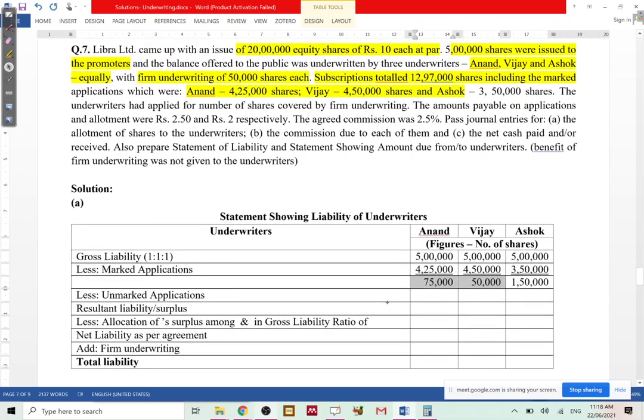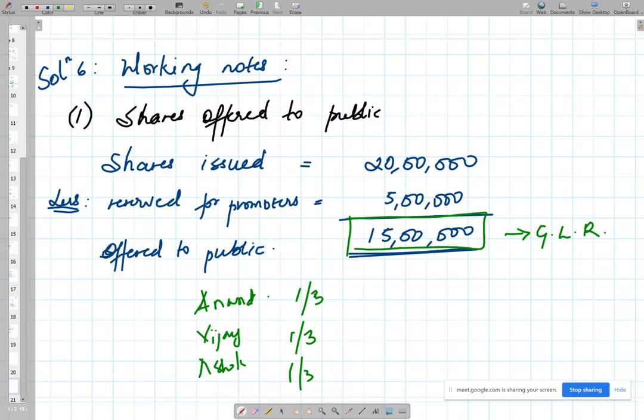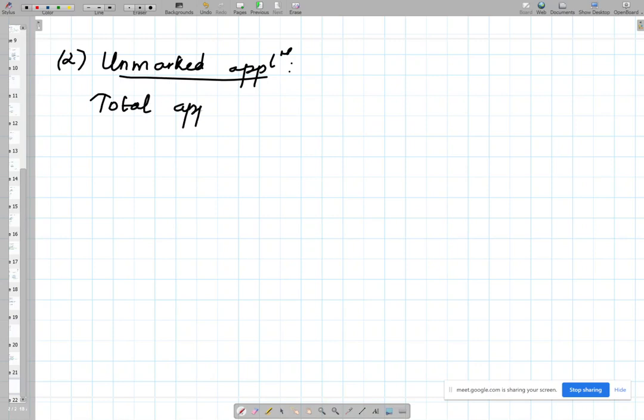Let's now calculate our unmarked applications. For that, we require first of all total applications. So second working note, unmarked applications. First take total applications. Okay, these are applications received from public.